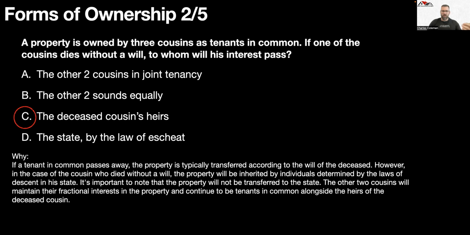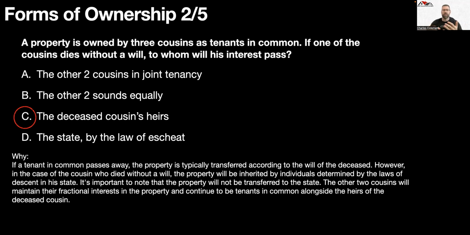The reason for this, it reads, if a tenant in common passes away, the property is typically transferred according to their will. However, in the case of the cousin who dies without a will, the property will be inherited by the individuals determined by the laws of descent in their state.